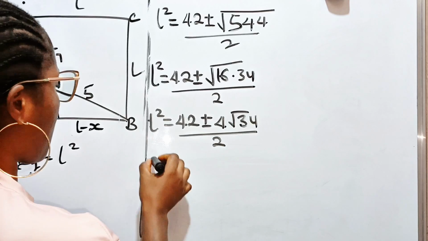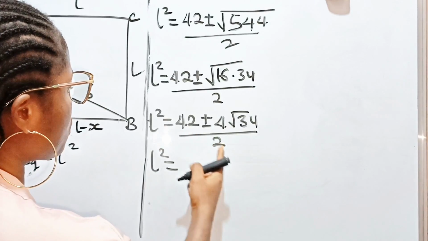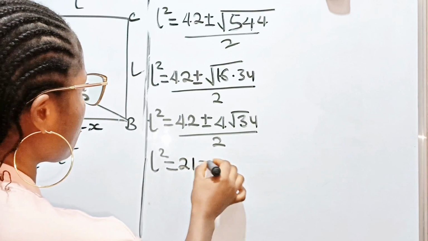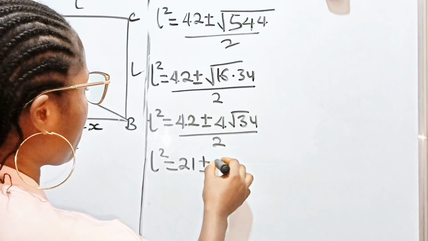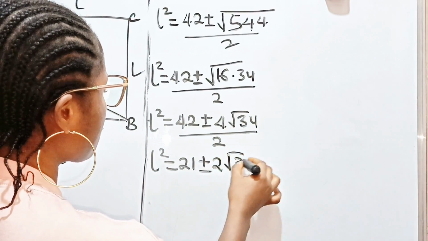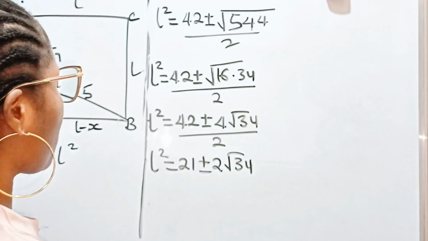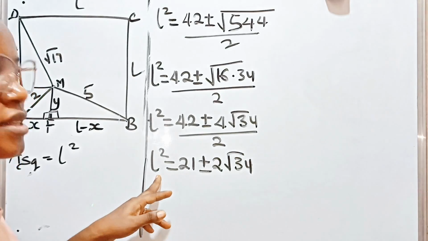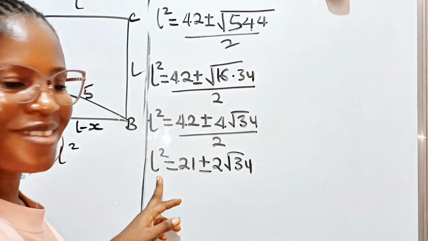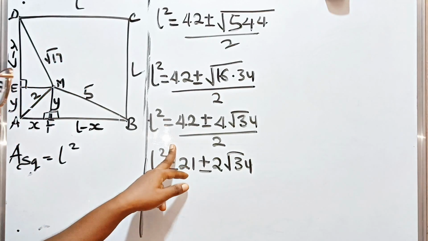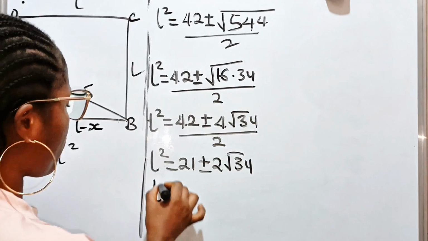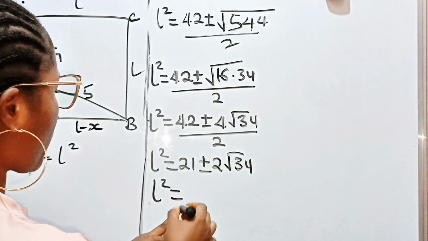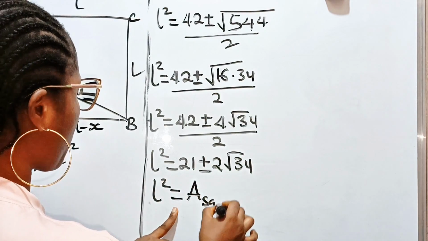So this can be written as L squared is 42 divided by 2 is 21 plus or minus 4 divided by 2 is 2 root 34. Remember that the area of the square that we are looking for is L squared, right? So it means we have two values of our area. L squared is equal to the area of the square.